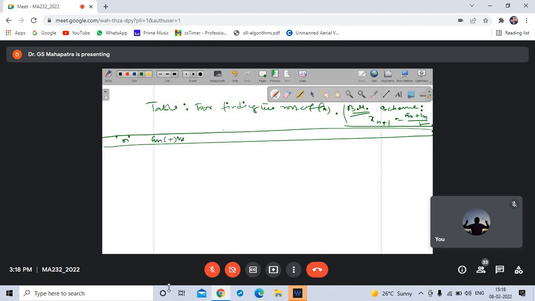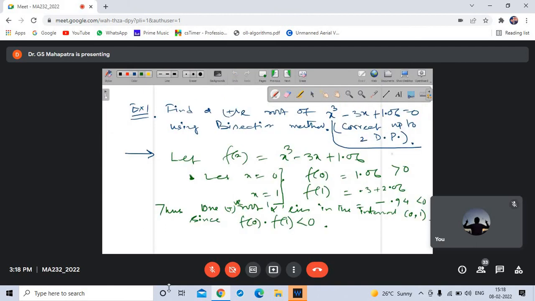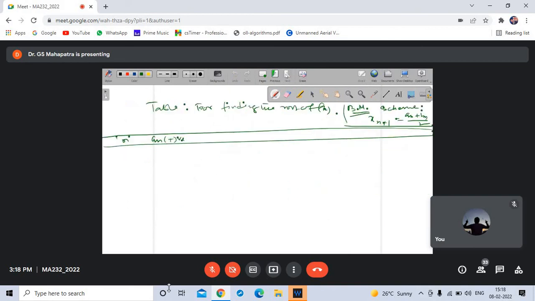We have to check. Say first one is positive, so this is an, and this one is bn. So for this problem, an is positive but bn is negative. If it is reverse, then you can write in reverse form here also, no problem.